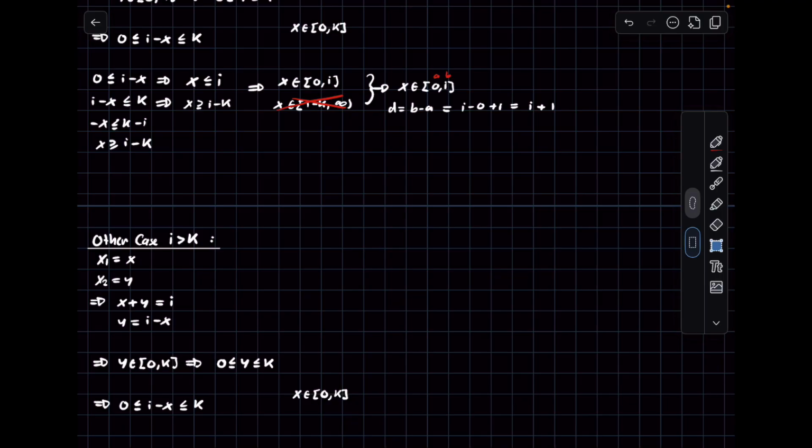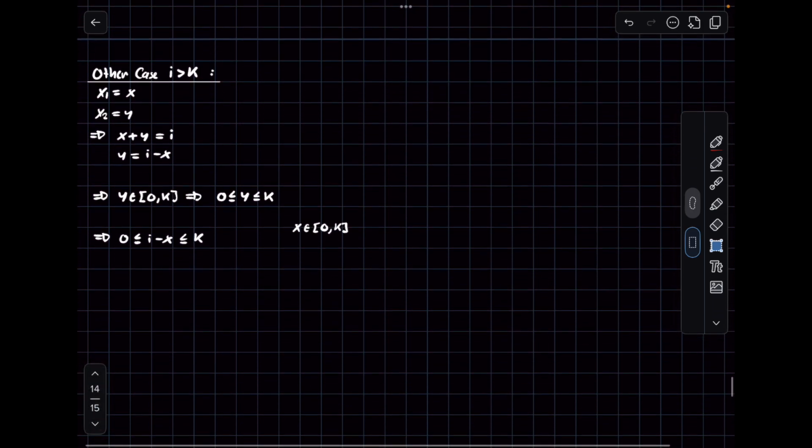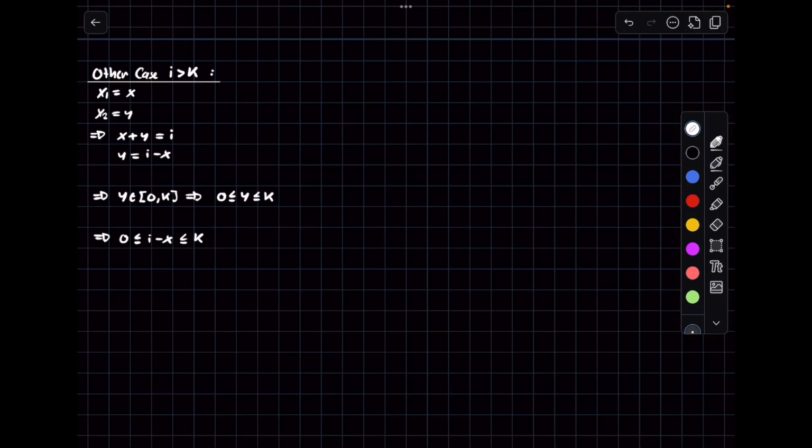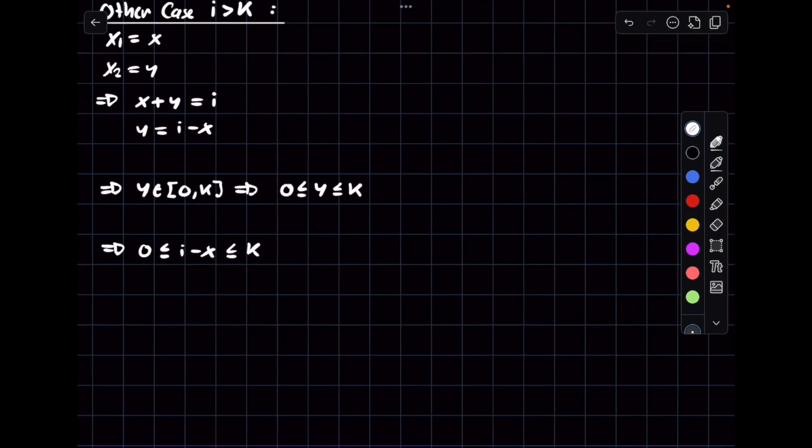Now, what we want to do is simply put, okay, we have this. Now what, right? We just solve for x, right? The other case is going to be solving for x as well. Simple. So x is going to be greater or equal to I, not lower or equal to I, and x is going to be greater or equal to I minus k.